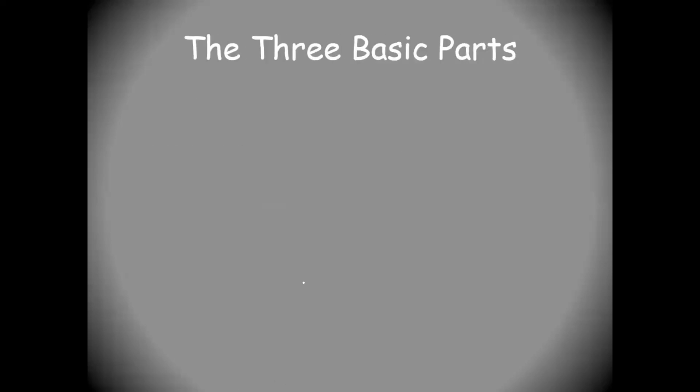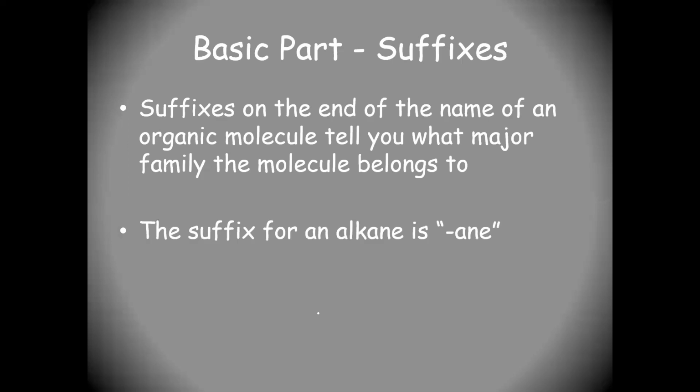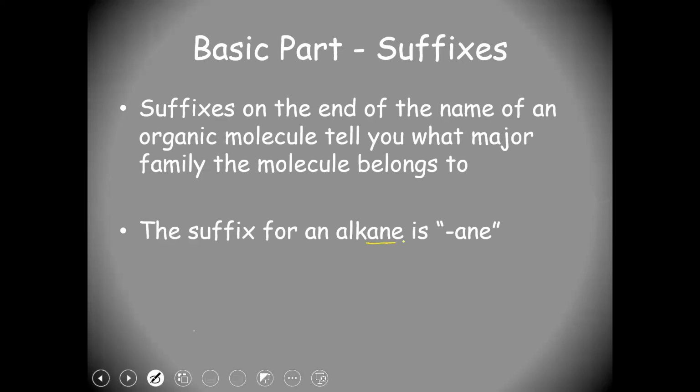Look at the rule, the three basic parts. The name for any organic molecule consists of three basic parts: the prefix, parent, and suffix. Each part of the name has a purpose. The suffix is the end of the name. For example, in case of alkane, look at these three letters, we combine them and make ane.